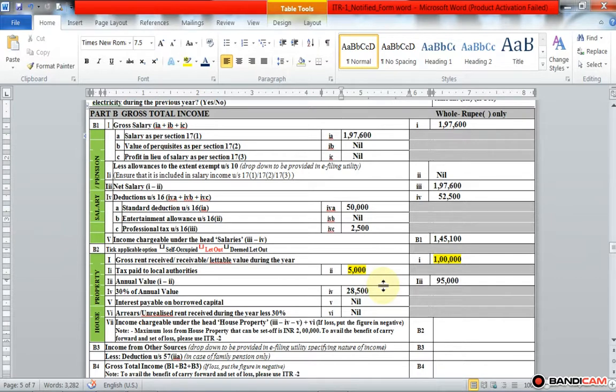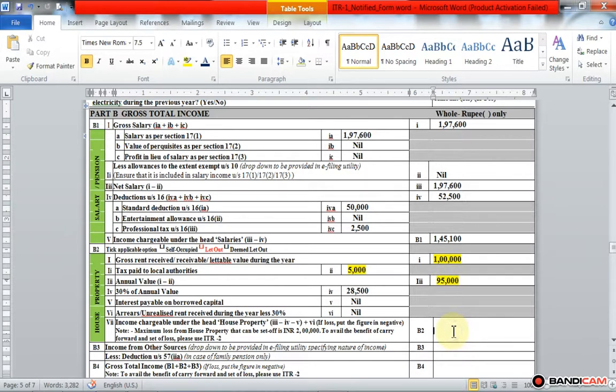Now we deduct this 28,500 from the annual value of house property. The annual value is 95,000. Got it? Deduct 28,500 from 95,000.